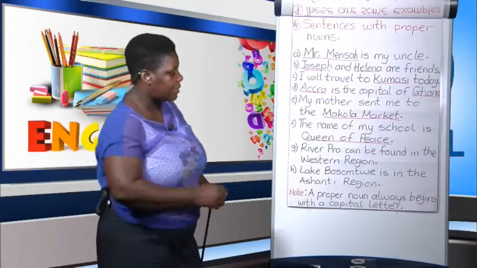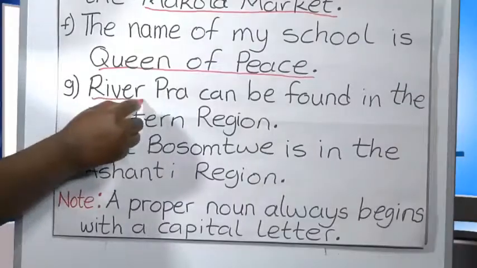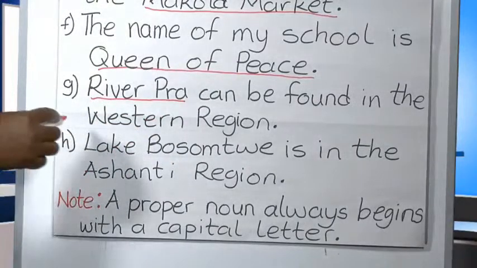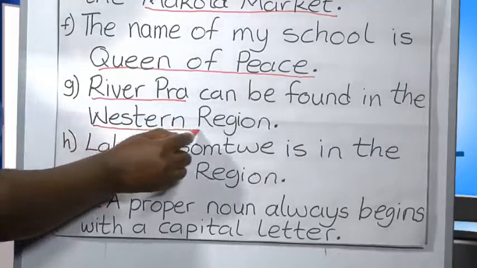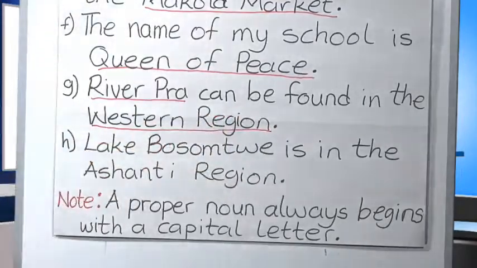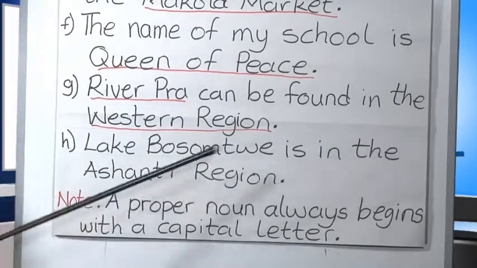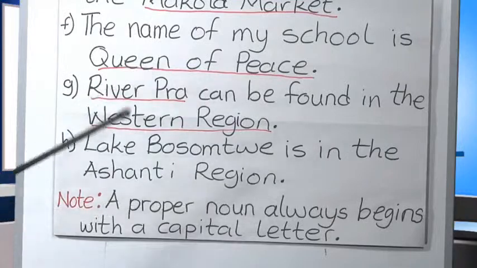I hope you said River Pra and Western region. Lake Bosumtwi is in the Ashanti region.